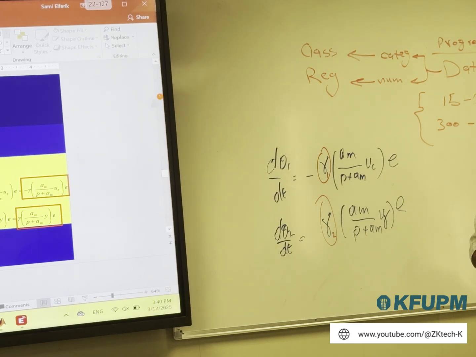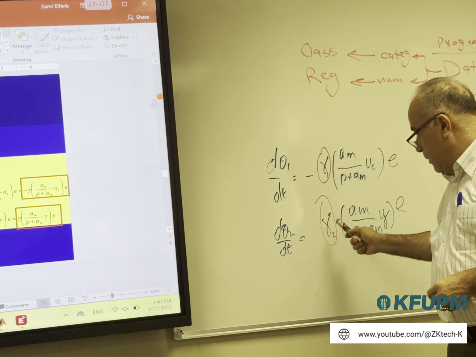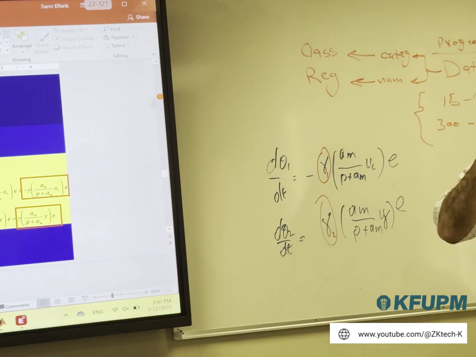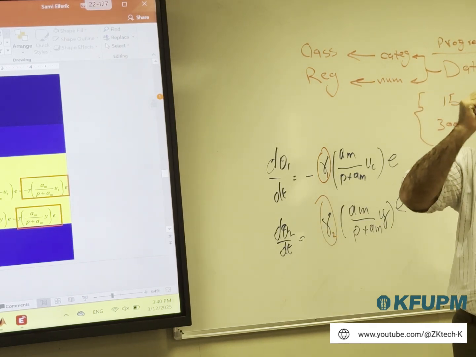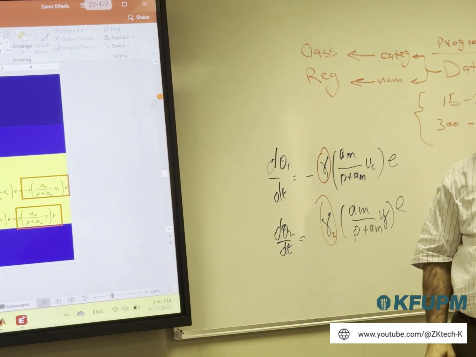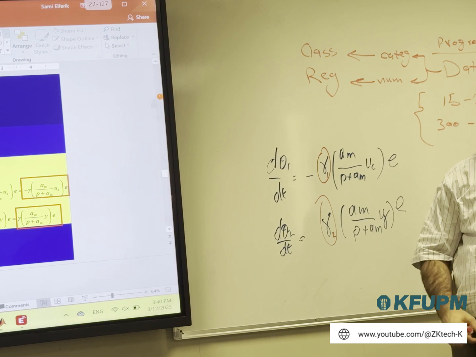Does it make sense for you that this one has to be opposite to this? With respect to the parameter they are attached to, because they are opposite in the equation. Their effect is opposite in the equation.